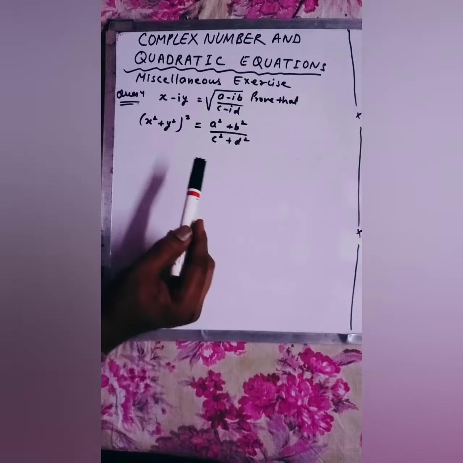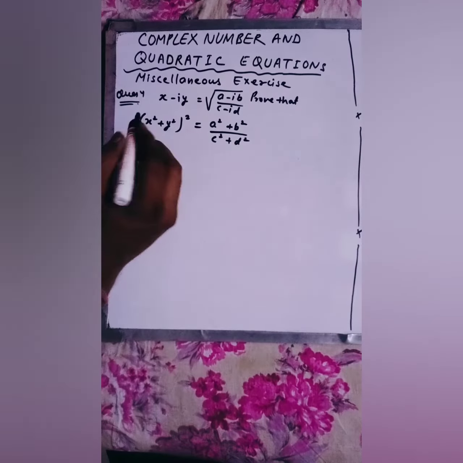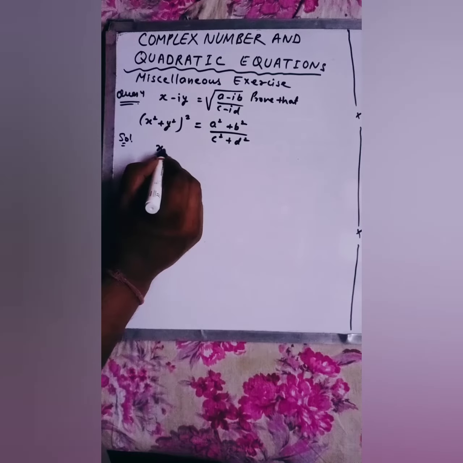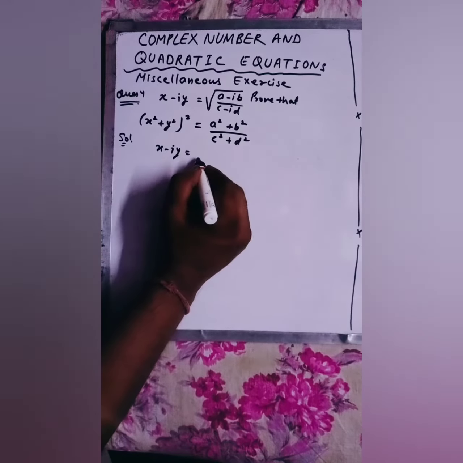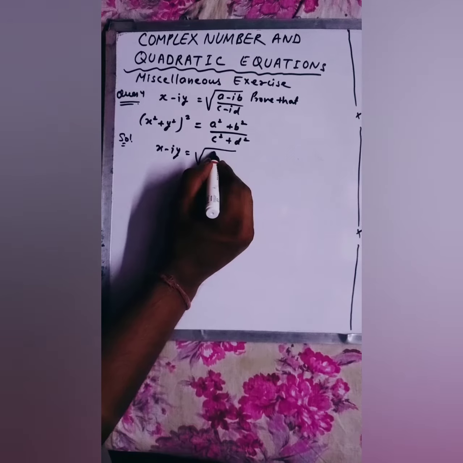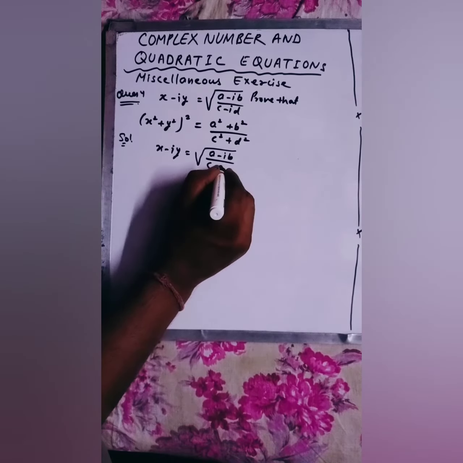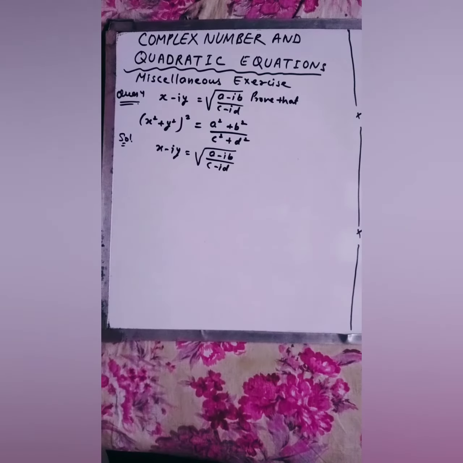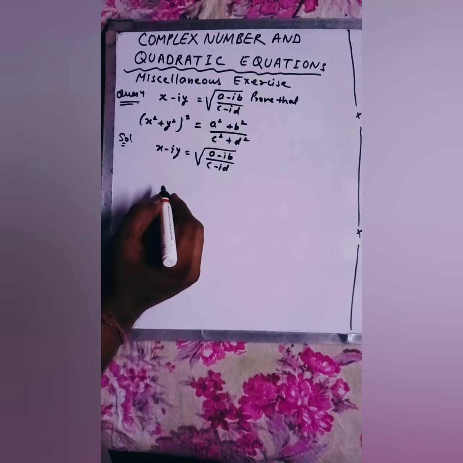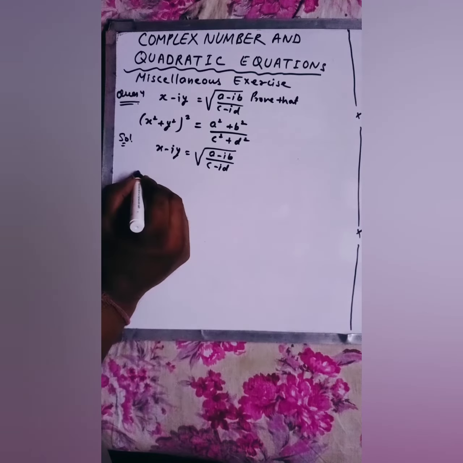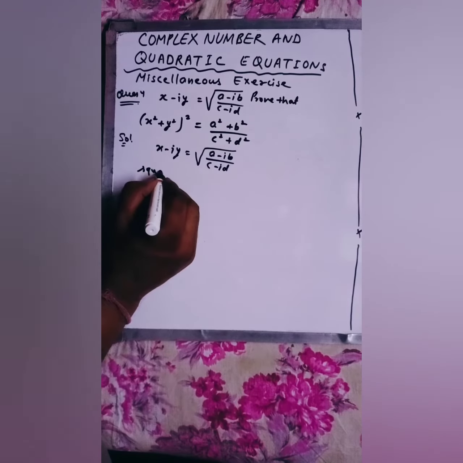Here what you have to do, I'm just copying this question, x minus iota y is equal to the square root of (a minus iota b) over (c minus iota d). Now you have to write squaring both sides.